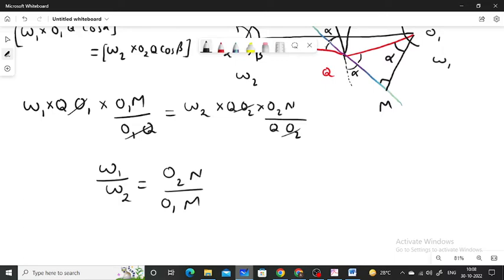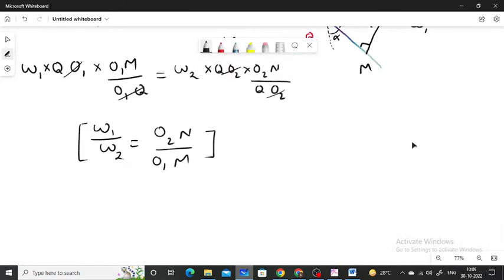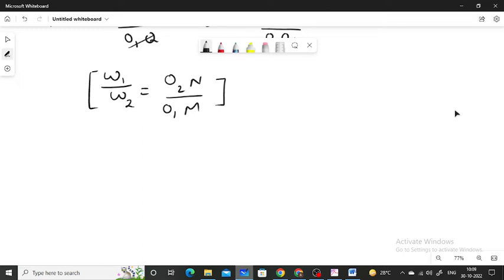Okay, here if this is the point P, so now from here triangle O2NP and triangle O1MP are similar triangles, so the ratio of the sides will be equal.